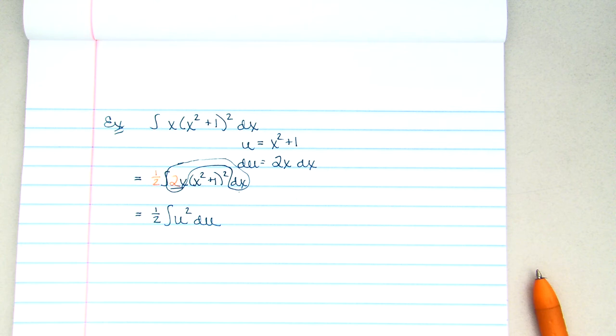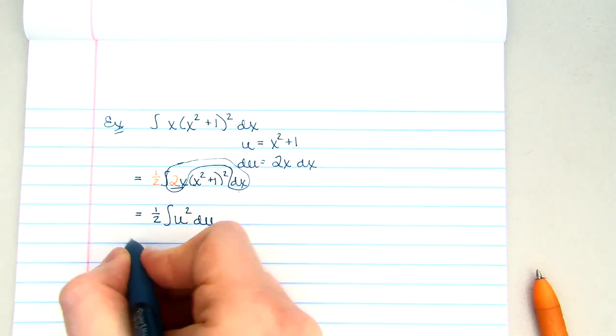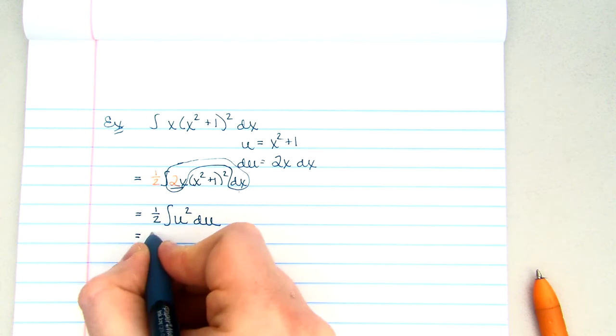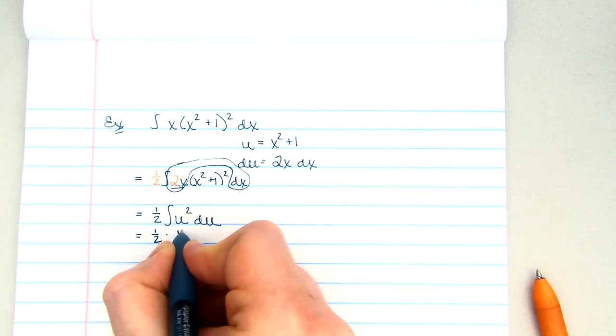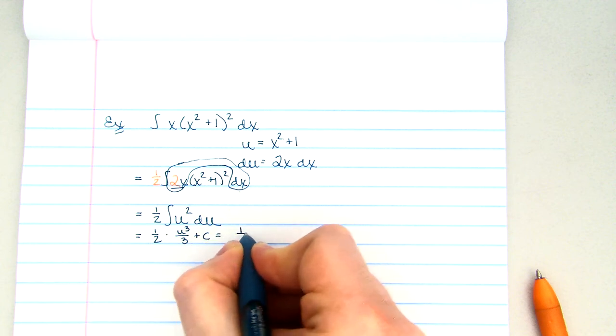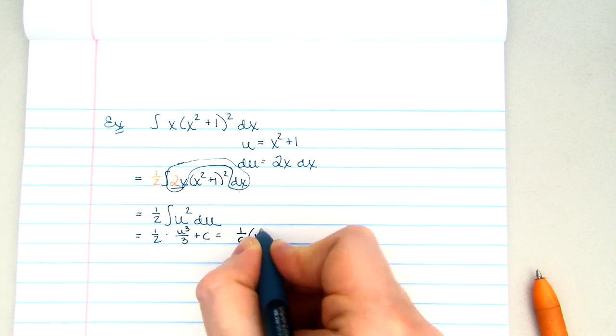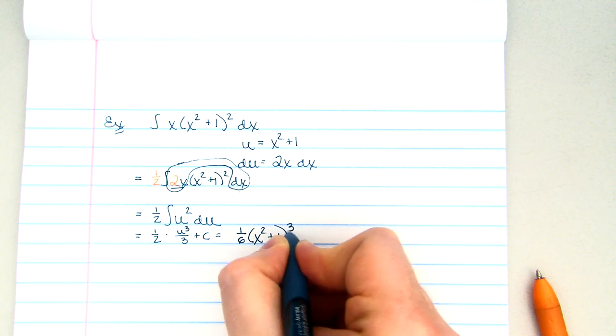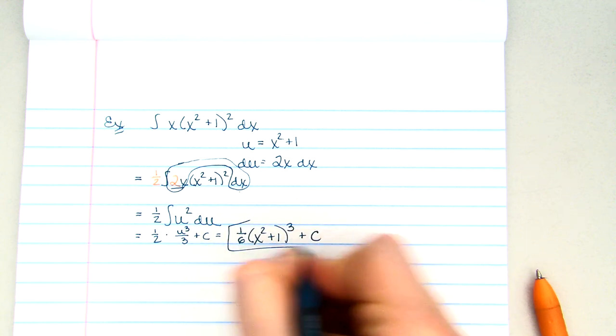Do the integral, and then just rewrite the answer in terms of x's. This is 1/2 times u to the third over 3 plus a constant. So I think 1/6 x squared plus 1 to the third plus c.